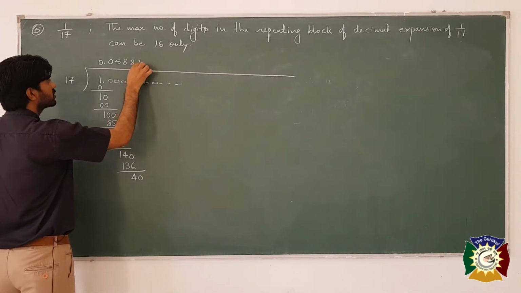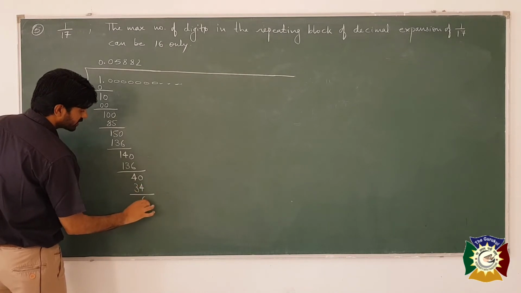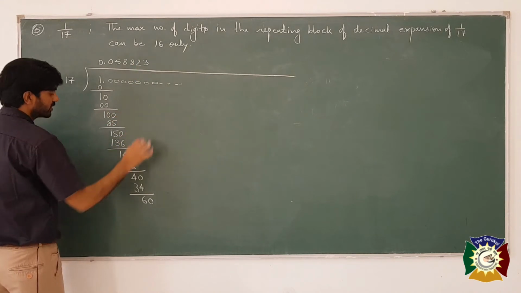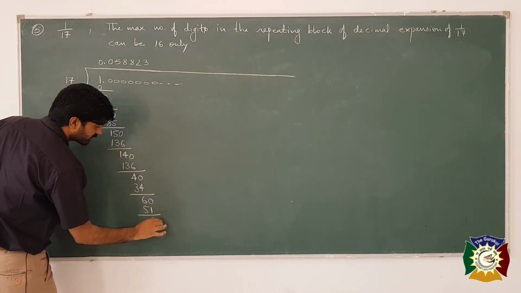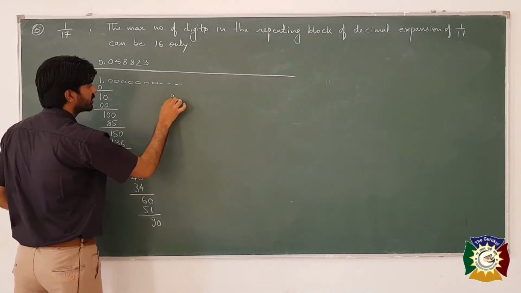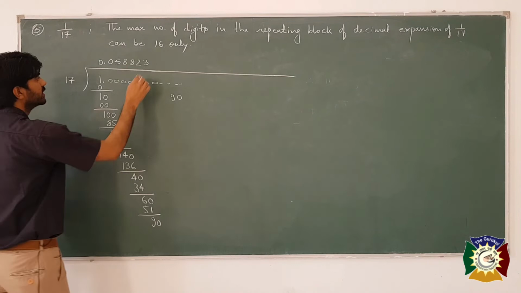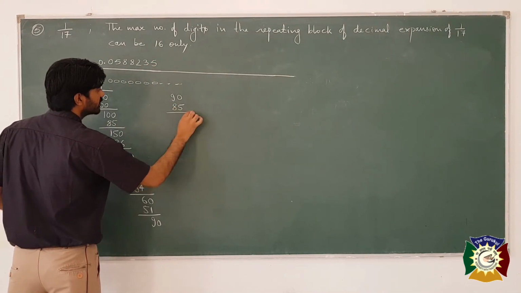Now 17 twos are 34. We are left with 6. It becomes 60. Then 17 threes are 51. We are left with 9. It becomes 90. Then 17 fives are 85.